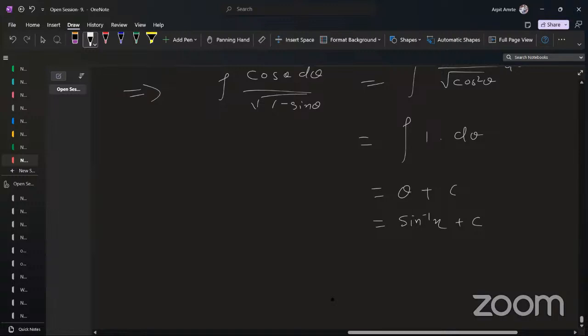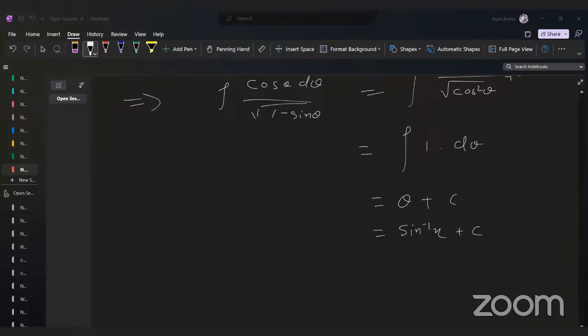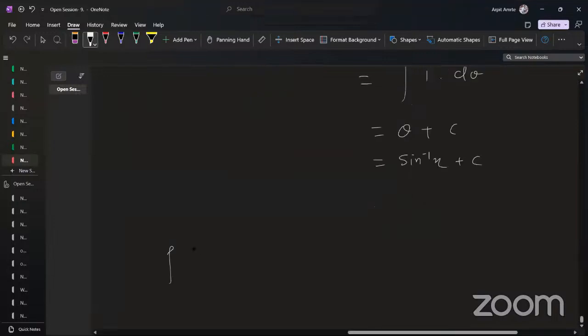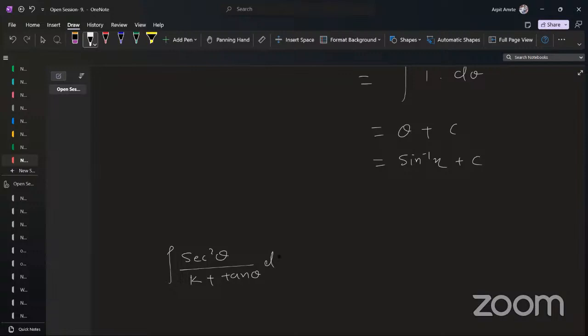Now we will solve some different problems, some tough problems. We will start with an easy one, then we will go further. So you have this: sec square theta divided by k plus tan theta d theta.